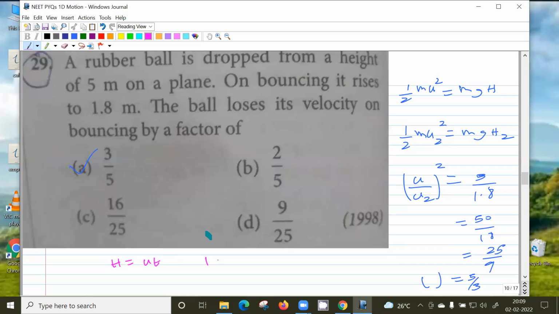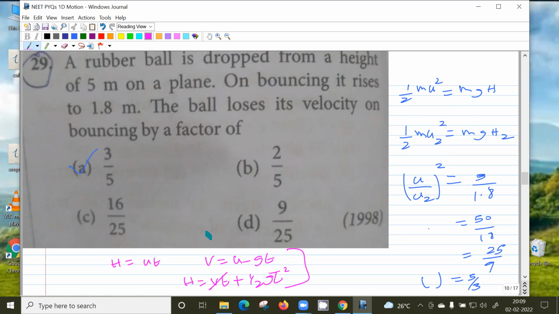So you can use v equal to u minus gt, or h equal to vt minus half at square, where v is 0. No, energy conservation is much simpler.